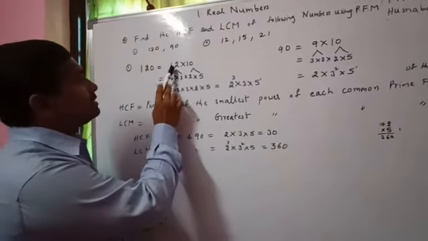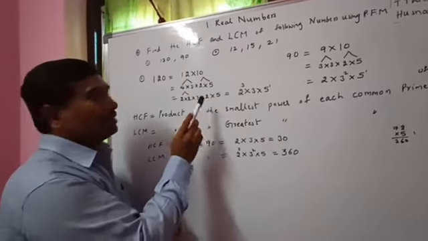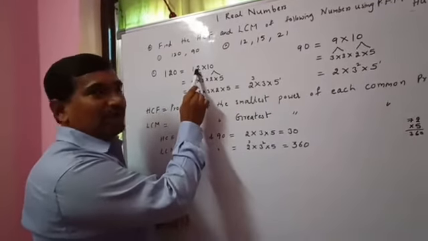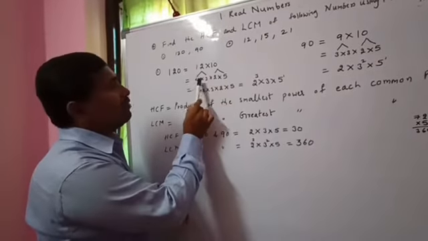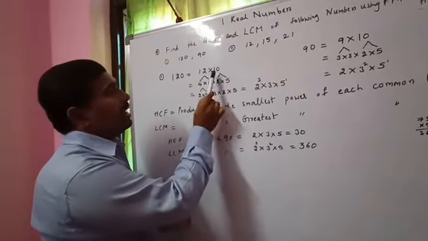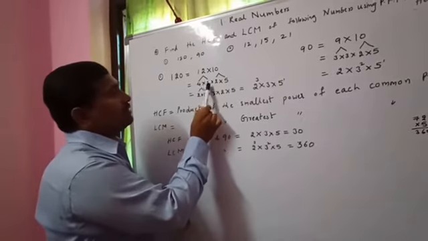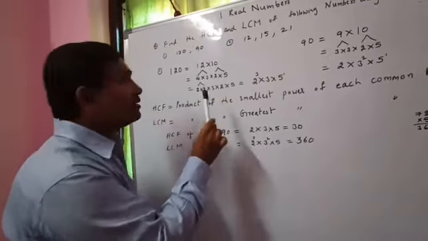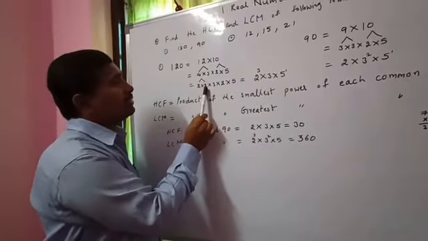120 can be written as 12 into 10. Again 12 and 10 are not primes. So again divide 12 as a product of prime numbers. First 12 can be written as 4 into 3 and 10 can be written as 2 into 5. Now in the next step, check these are all primes or not. 4 is not a prime. So again write 4 as 2 into 2.